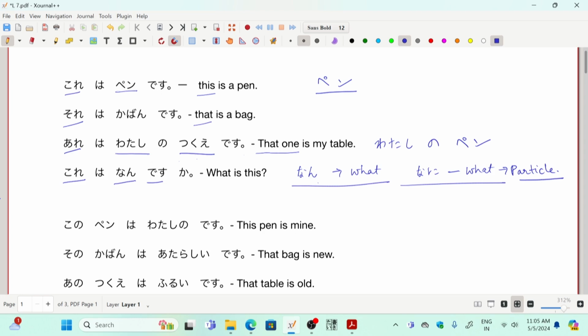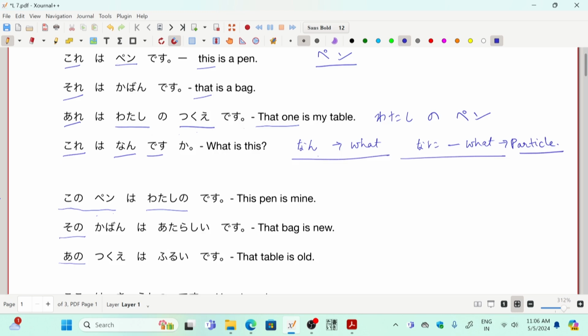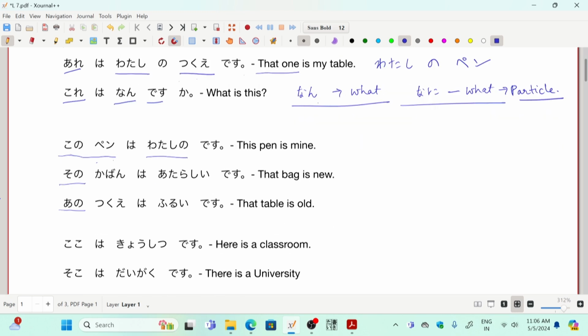So this pen is mine. If we say kono pen, when the object has already been identified, it will come with kono, sono or ano. So this pen is mine. So mine will be watashi no. Kono pen wa watashi no desu.